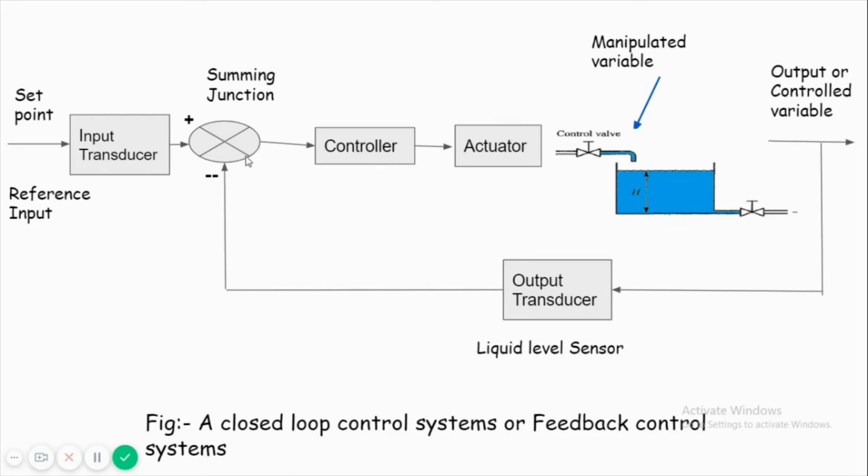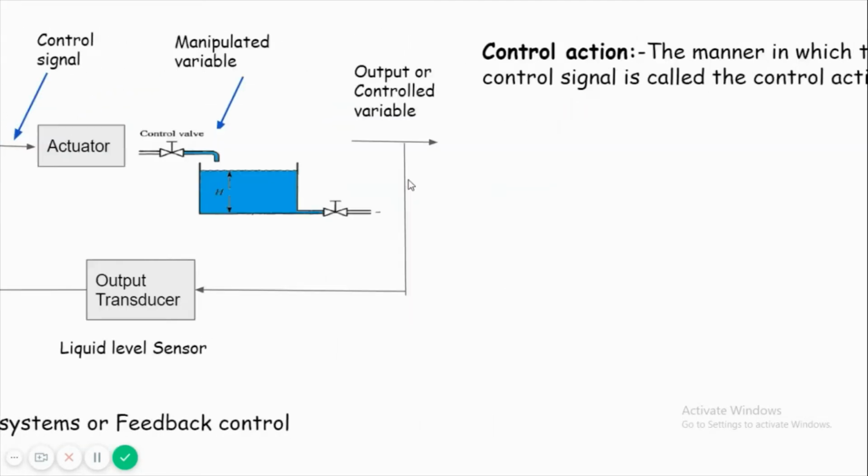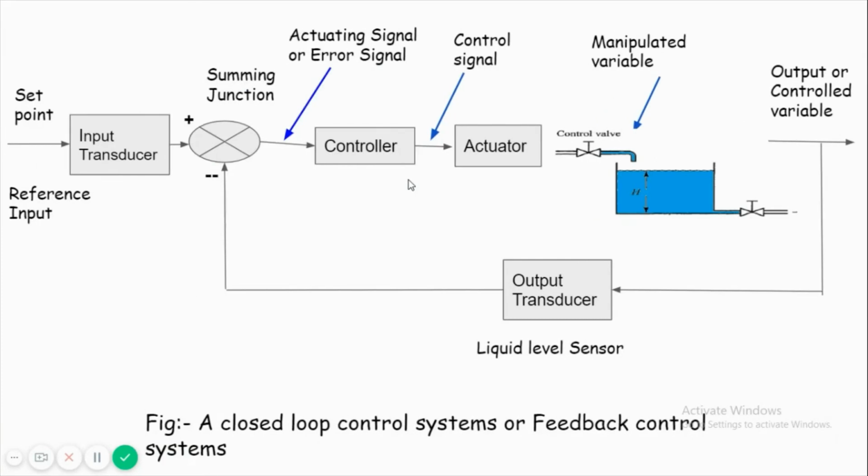So this comparator compares the reference input and the actual output, and gives a signal that is the error signal or the actuating signal. This is our controller, which will produce a control signal, which is then given to this actuator. So this is the control signal.